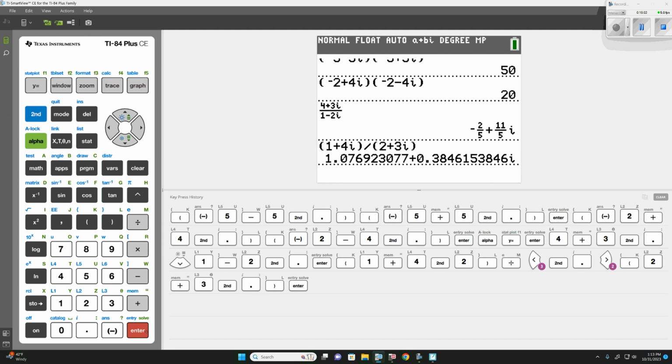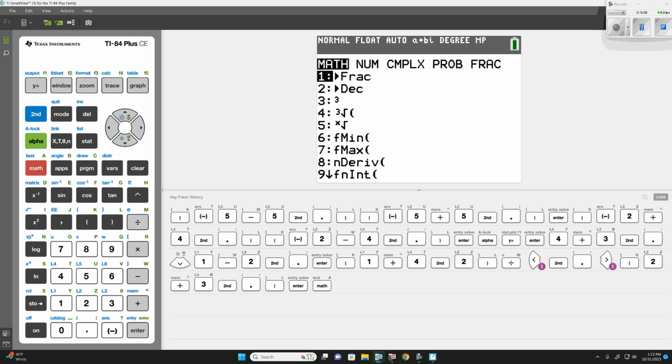You get this there, yes? We're not quite done, because we do need these as fractions, not decimals, so we'll hit math.